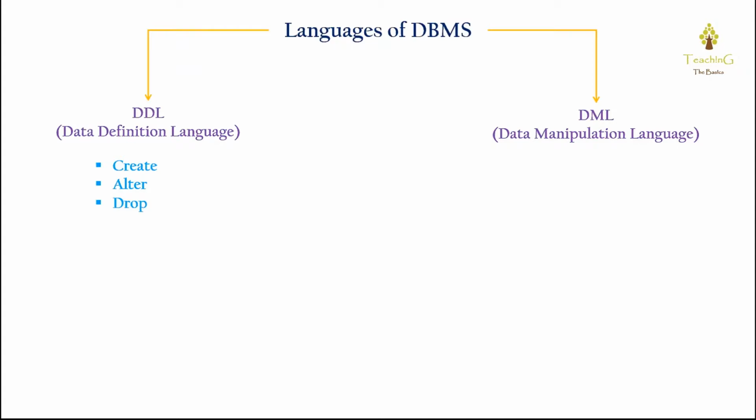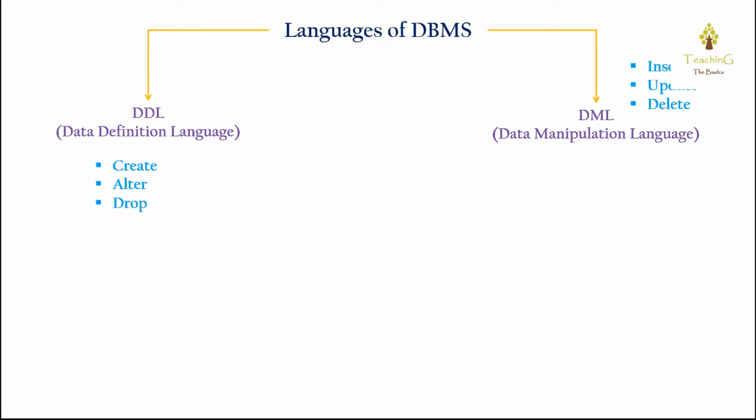The types of access are insert, with the help of which new information is inserted in the database, and the next one is update. You can modify or update information that is already stored in the database, and with the delete command we can delete any information from the database.